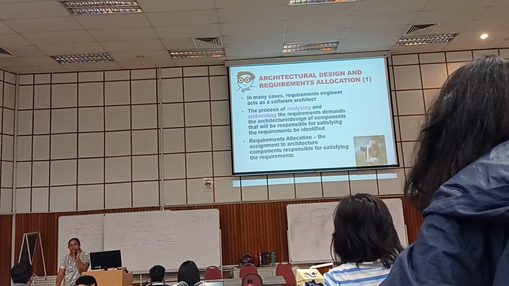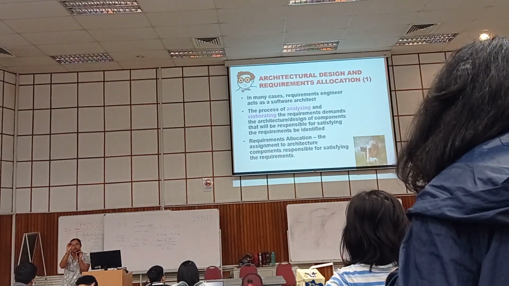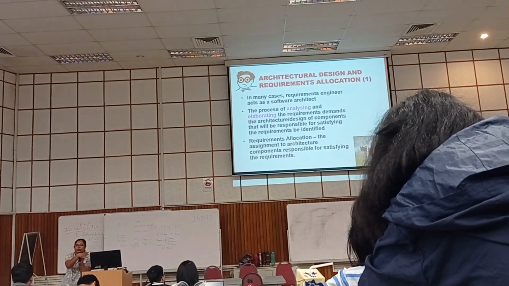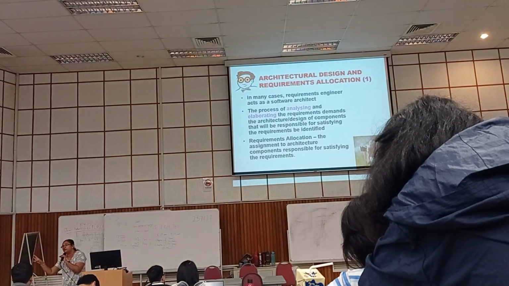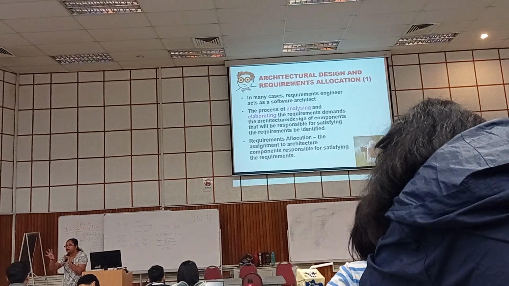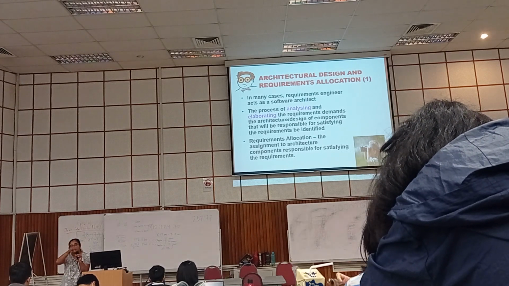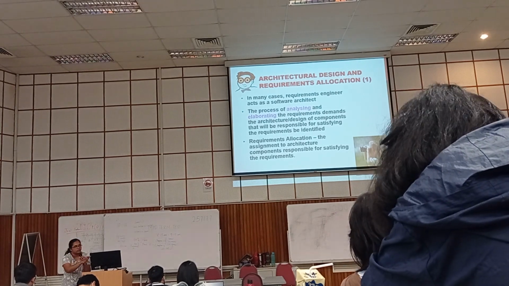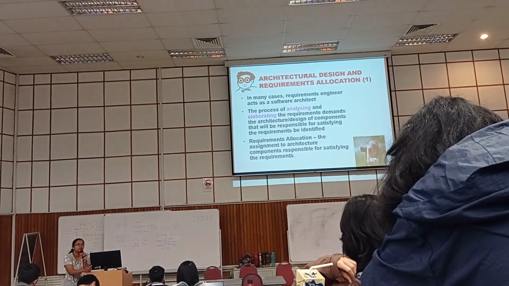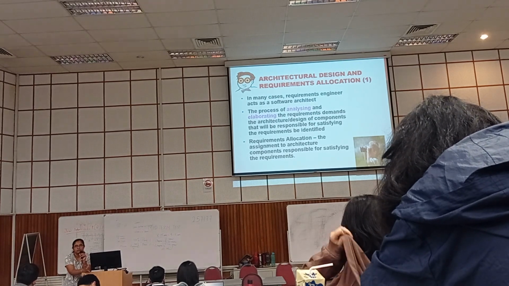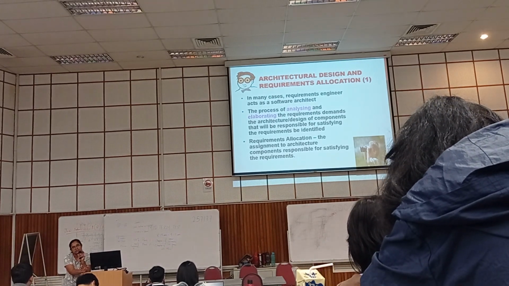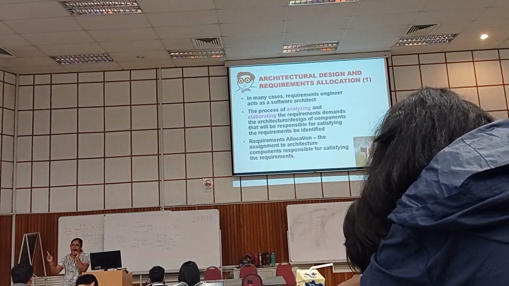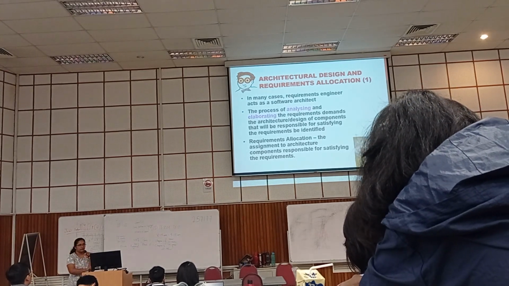Then for each module you try to allocate the requirements. This requirement goes to this module, this requirement goes to this module. So you allocate the requirements to do the grouping. All the related requirements will be grouped together. That is called allocation. Another word is modularization. For now, this is enough. This topic will be continued in chapter 5 again. Okay? Clear?